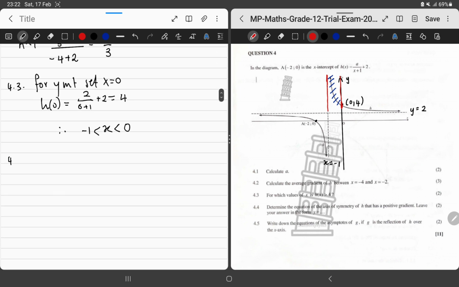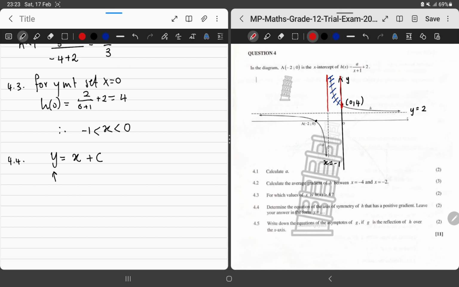4.4. Determine the equation of the axis of symmetry of h that has a positive gradient. Leave your answer in the form y equals, the gradient should be positive, x plus c.